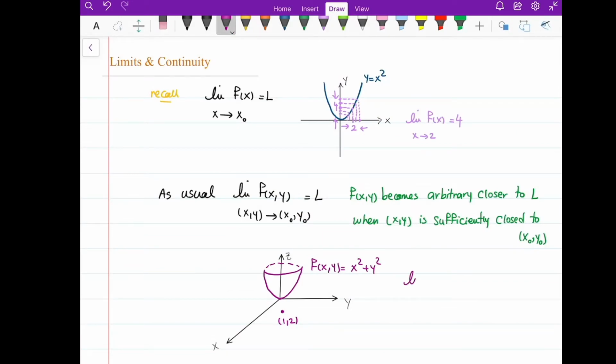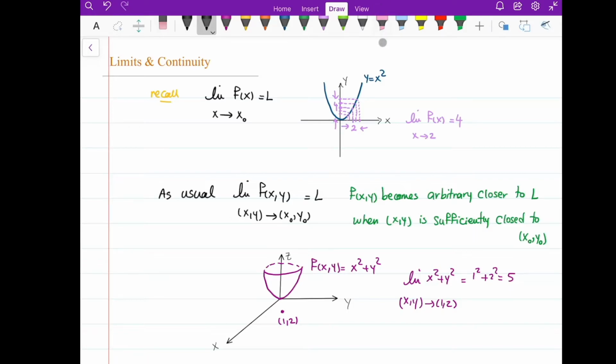We say that the limit of x squared plus y squared as x and y go to the point 1, 2: you can pick any points close to 1, 2, and you see that we get 1 squared plus 2 squared, which is 5. So the limit would be 5.